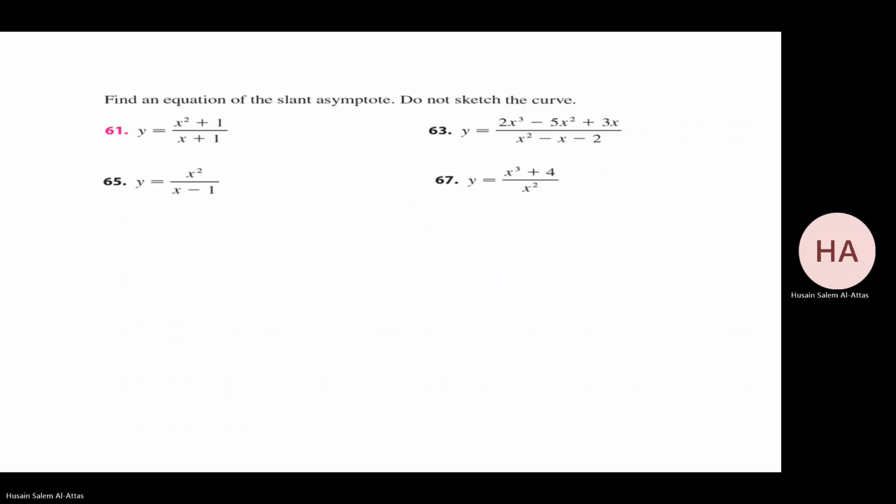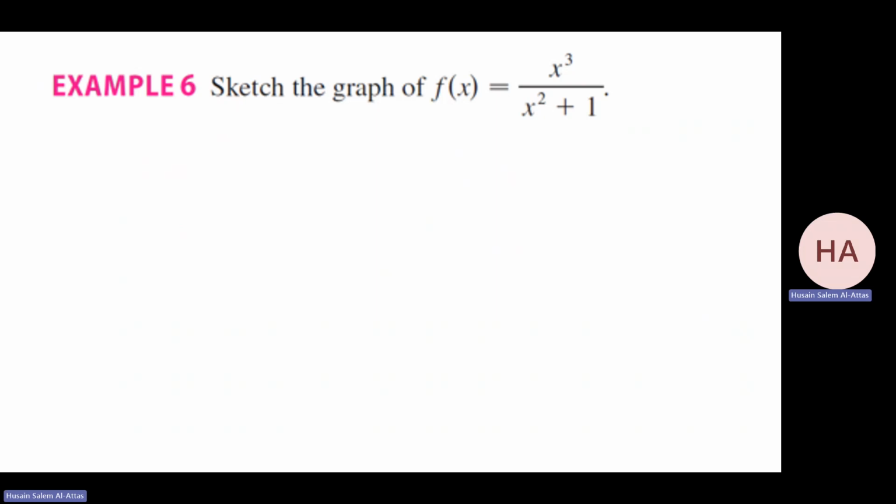Okay. To do another graph, x cubed over x squared plus 1. I have everything. What's the domain of f here? All real numbers. Intercepts, let me do it quickly. Very clear. X equals 0 implies y equals 0, and y equals 0 implies x equals 0.